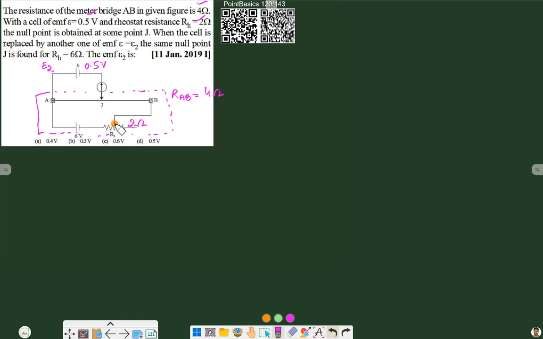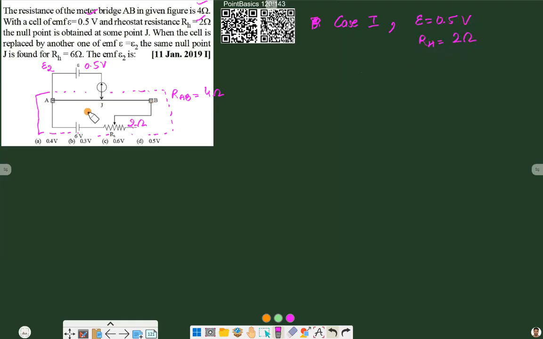So first of all, for the first case, we can say case 1. For case 1, we have E equal to 0.5 volt and RH equal to 2 ohm.